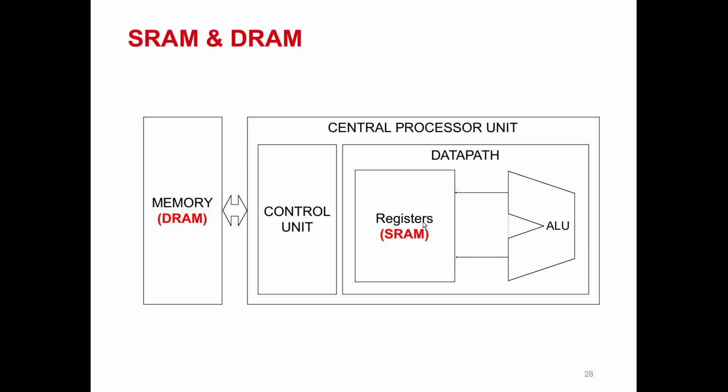SRAM or registers work much faster than DRAM, but the size of registers is very small because it is very expensive, or it takes a lot of hardware size to create SRAM. So in computer architecture, SRAM often comes in a small amount.